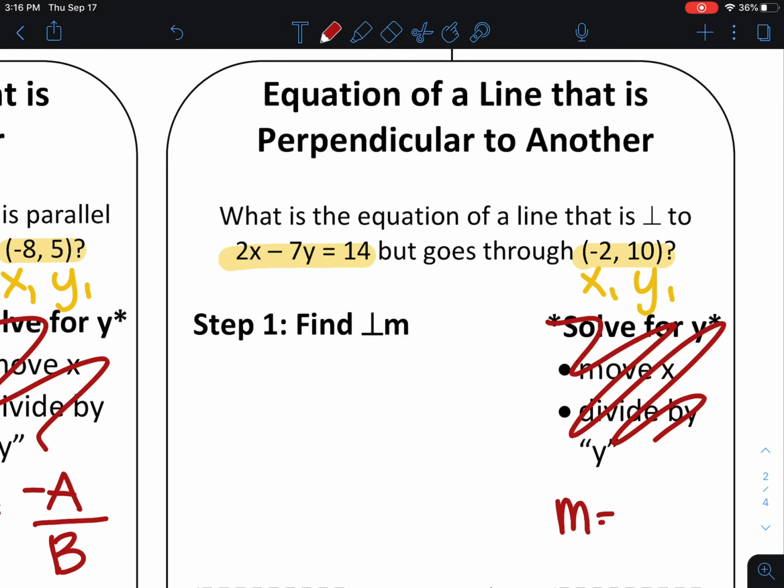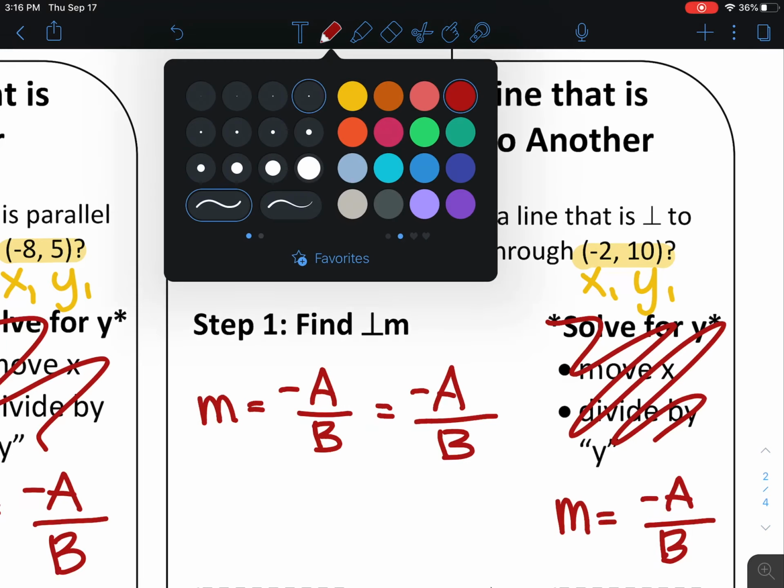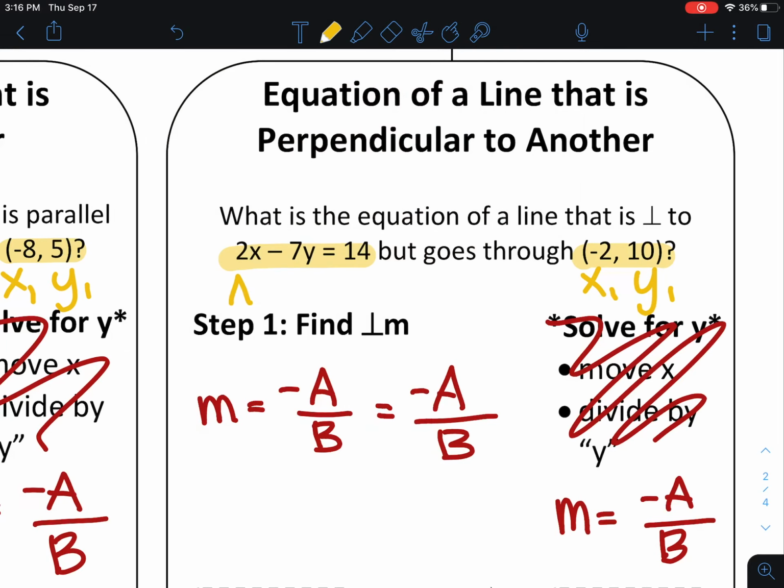All you need to do is negative a over b, right? So I'm going to start with that. M equals negative a over b, and I'm going to write it again so that I can erase and replace. So this is going to be ax plus by equals c, and that's just to remind myself of what's what.